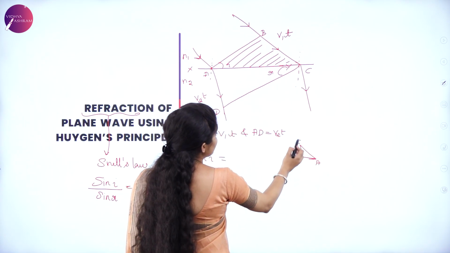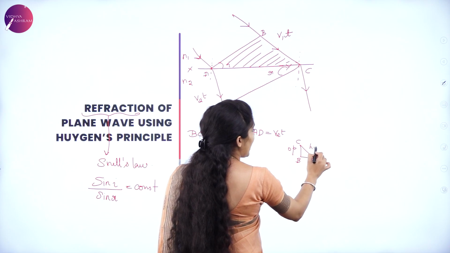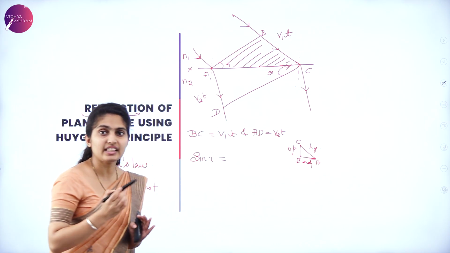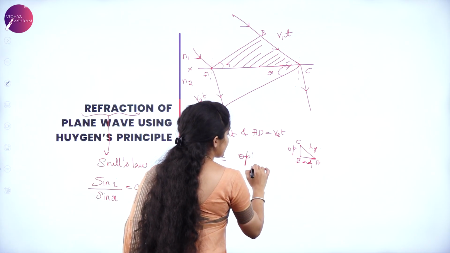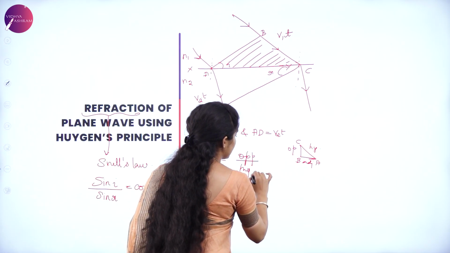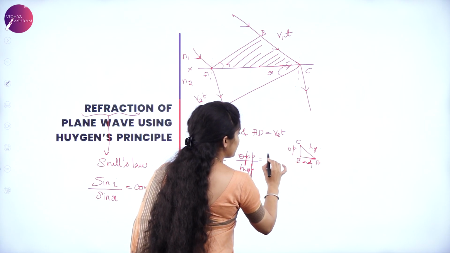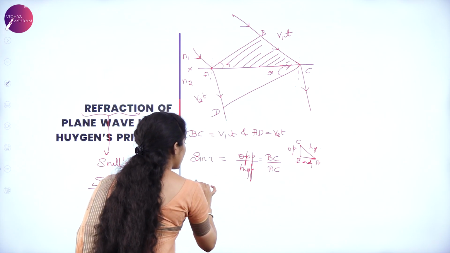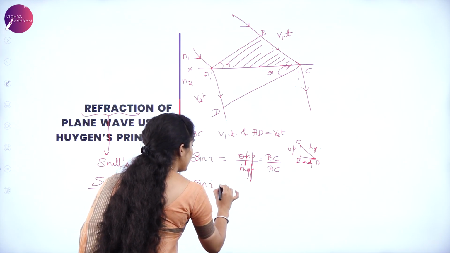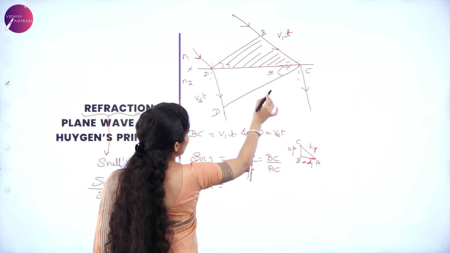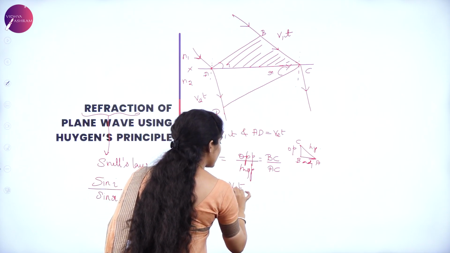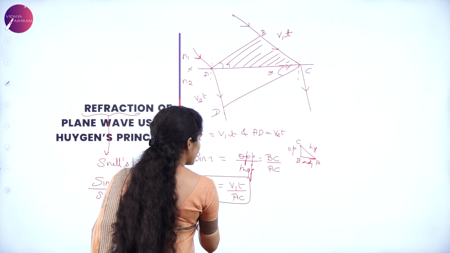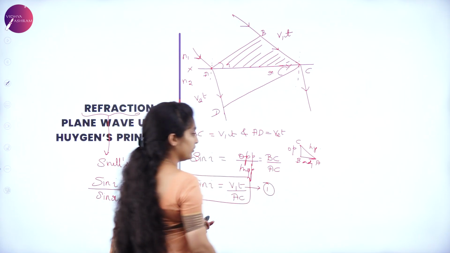That means BC will be opposite and it is adjacent. So sine I, sine is nothing but opposite by hypotenuse. Opposite is BC, hypotenuse is AC. So you can call it as sine I is equal to BC, which is V1 times the T divided by AC. So this equation, consider it as equation 1.